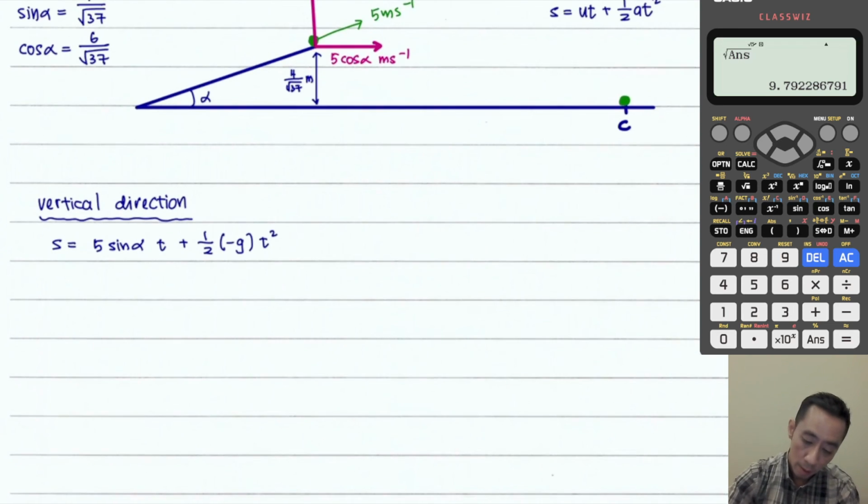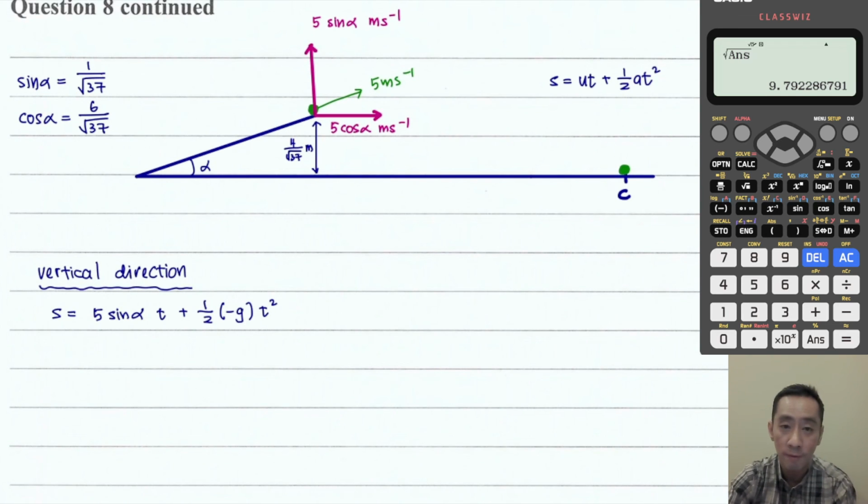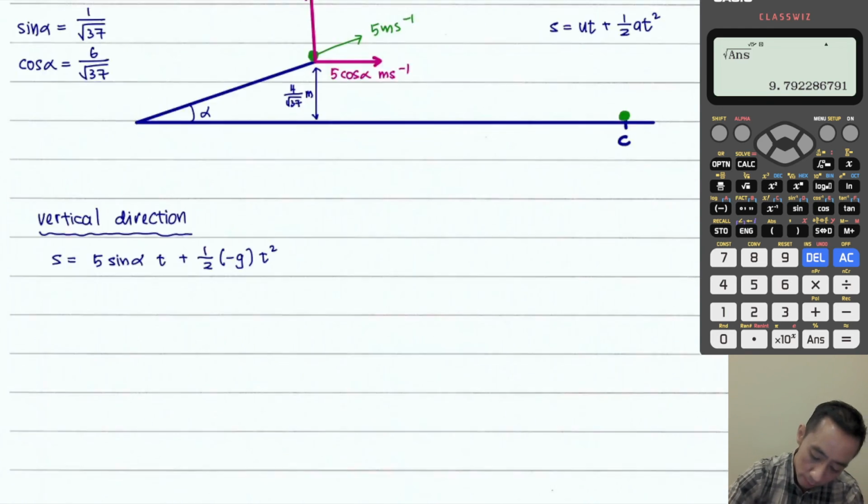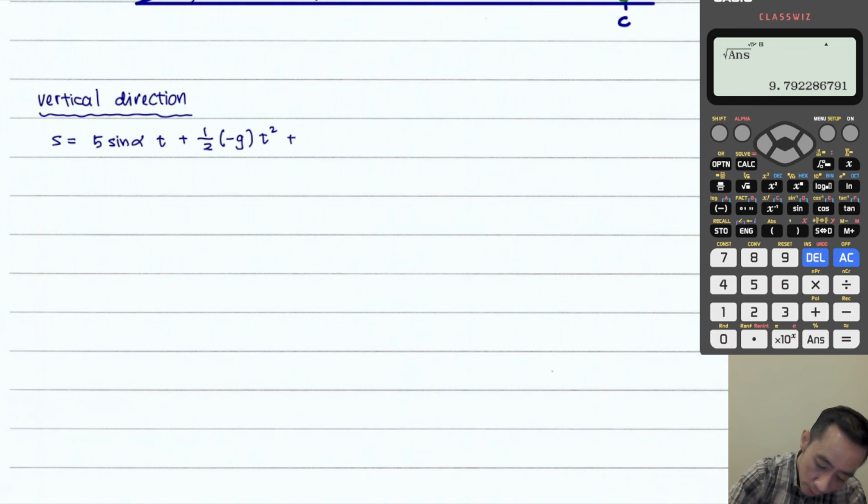Now it depends on how you define the displacement. If I define the displacement here as 0, then initially it already has some displacement here, which is 4 over square root of 37. So the initial position is 4 over square root of 37.